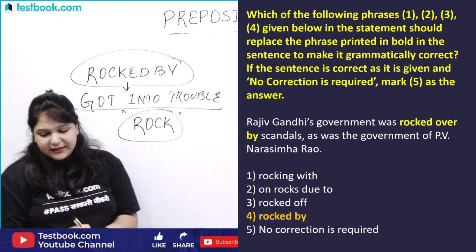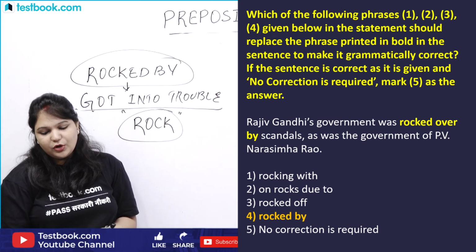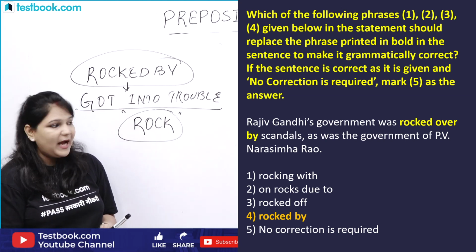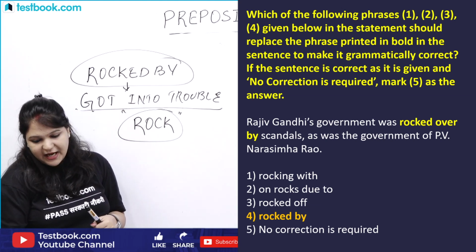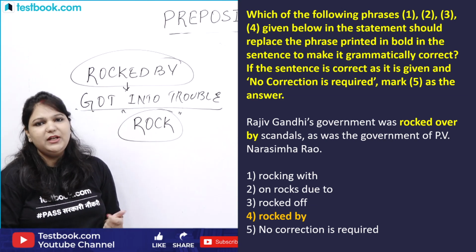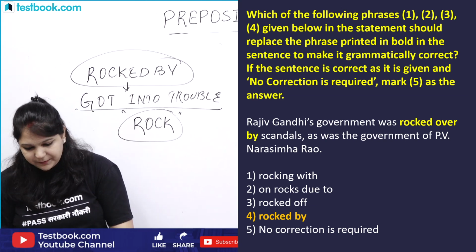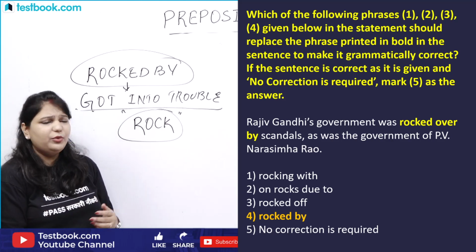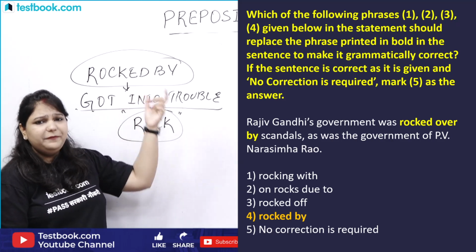So the actual meaning of this sentence is that Rajiv Gandhi's government was rocked by scandals, as was the government of P.V. Narasimha Rao, right?